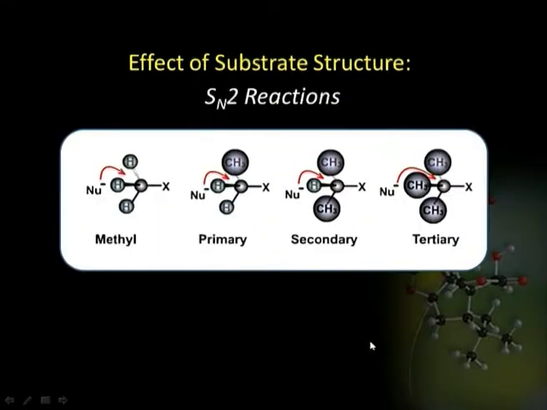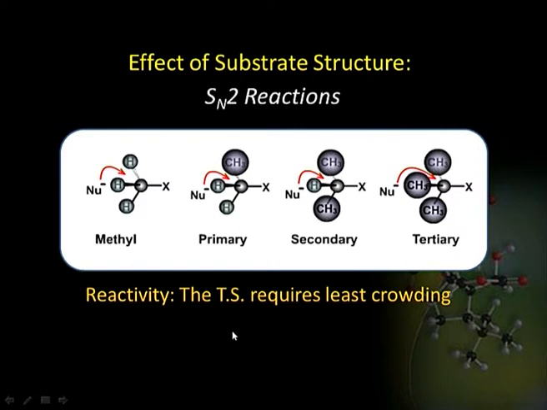If we look into this structure, the methyl halide is less crowded and the approach of nucleophile to the carbon is easier. Primary halide is more crowded and the secondary is more than primary, whereas tertiary halide is so crowded that the nucleophile finds it difficult to approach the carbon to which the halogen atom is attached.